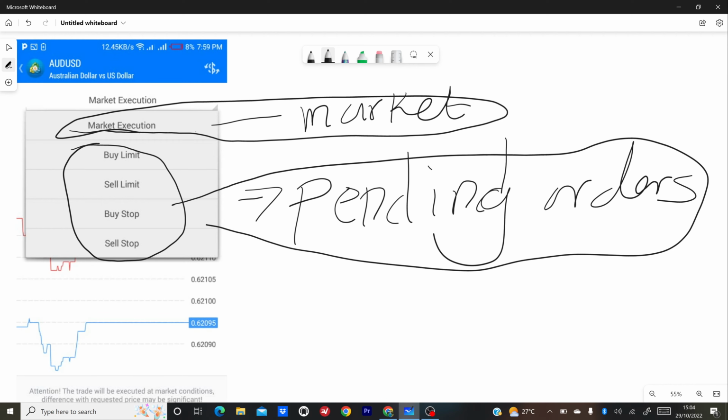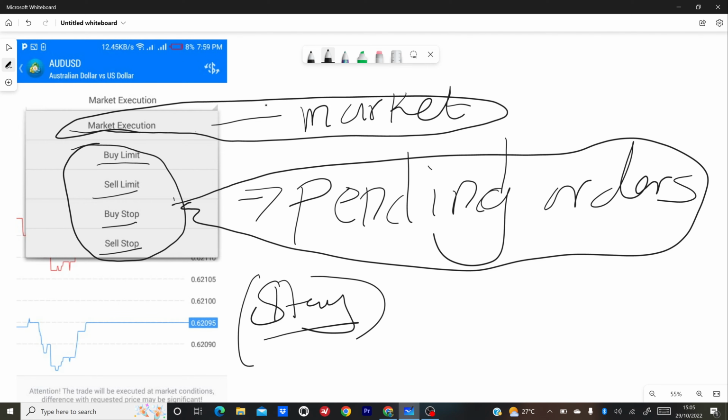The reason being, when you execute the trade either in the buy limit, sell limit, buy stop or sell stop, it's not going to be executed instantly, but it's going to be pending. That means it will not be executed instantly. It is going to stay a little longer before the price reaches over there.